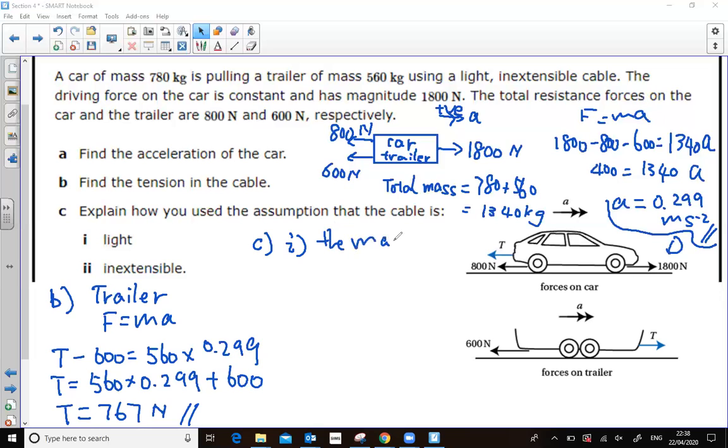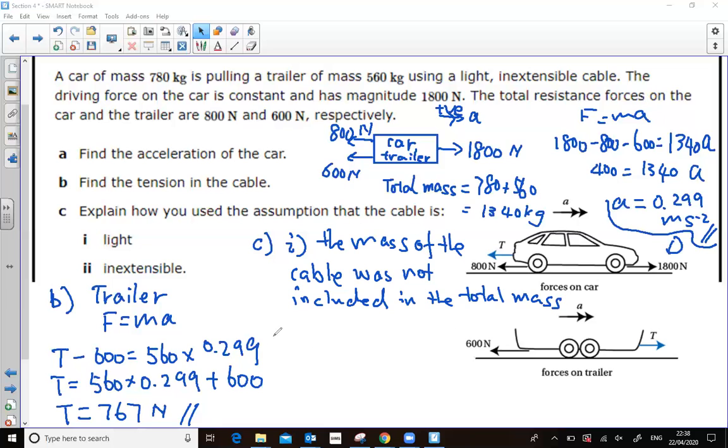So the mass of the cable was not included in the total mass. So as you can see in part A, we only consider the mass of the car and trailer, but not the cable.